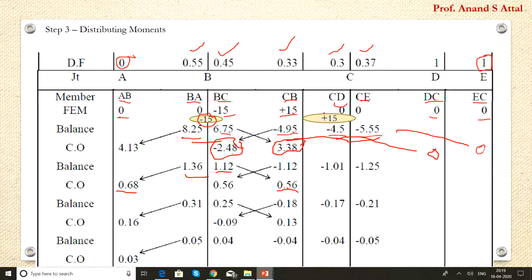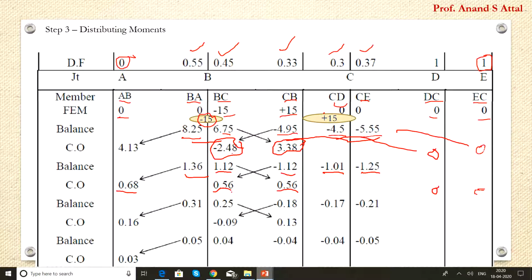So 3.38 multiplied by 0.33 comes minus 1.12, 3.38 multiplied by 0.30 comes minus 1.01, and 3.38 multiplied by 0.37 comes minus 1.25. Again half goes as carryover on the CB side, as B support is continuous or rigid, so it goes 0.56. On D it comes 0 because these supports are hinge, and on a hinge no carryover goes.